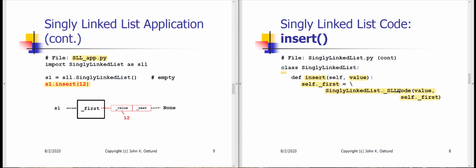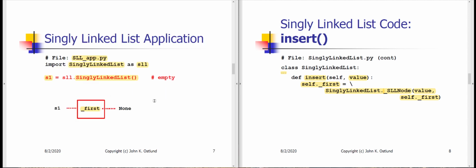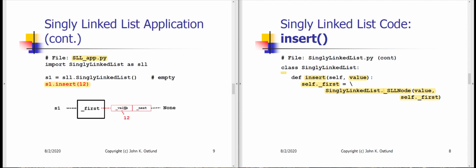We're going to create a new node with 12 as the value and with self._first as a pointer to the remainder of the list. Well, self._first, if we look back at our previous code, was None. So that means that the underscore next attribute within this newly created node is going to be referring to that None. And the value in this newly created node is going to be referring to the int value 12.